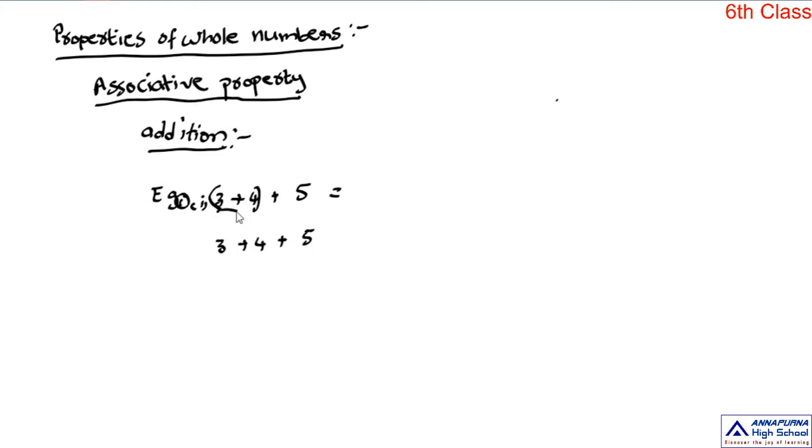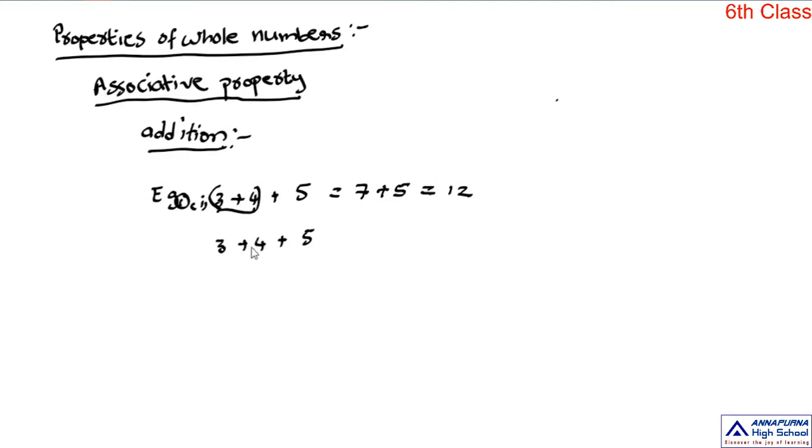What is the result? 3 plus 4, how much? 7. And then we add 5 to this sum. 7 plus 5, that is equal to 12.